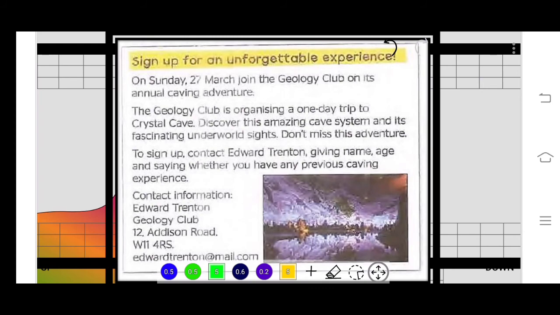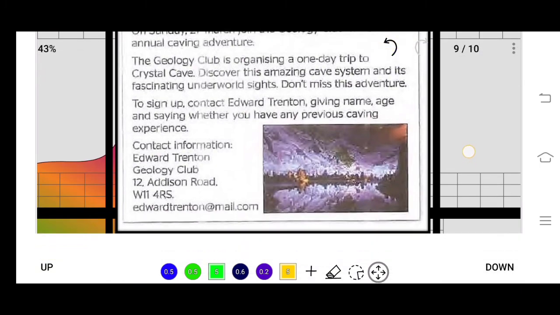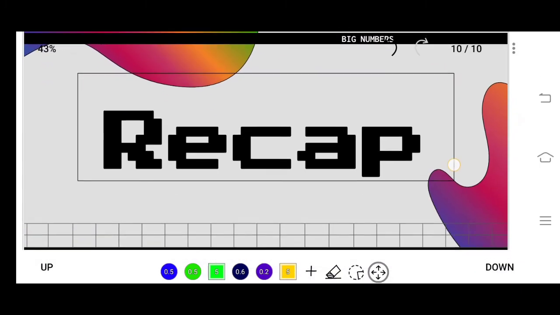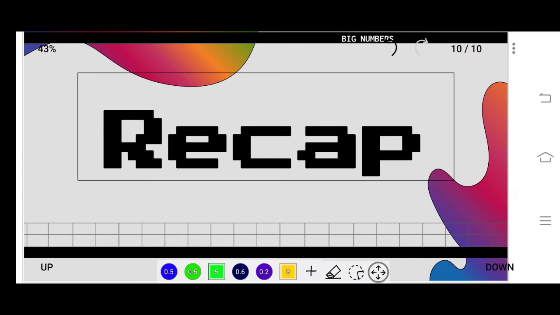On Sunday, 27 March, join the Geology Club on its annual caving adventure. The Geology Club is organizing a one-day trip to Crystal Cave. Discover this amazing cave system and its fascinating underworld site. Don't miss this adventure. To sign up, contact Edward Trenton, giving name, age, and saying whether you have any previous caving experience. So it's just the same question. Remember to read it carefully.